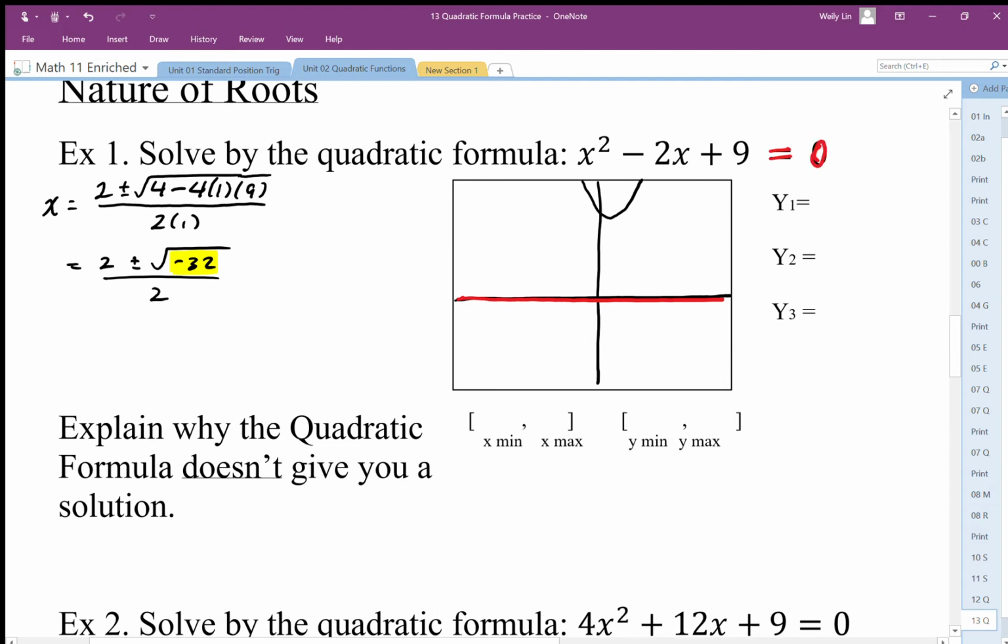So this quadratic equation has no solution, because the graph of the quadratic parabola does not cross the x-axis.